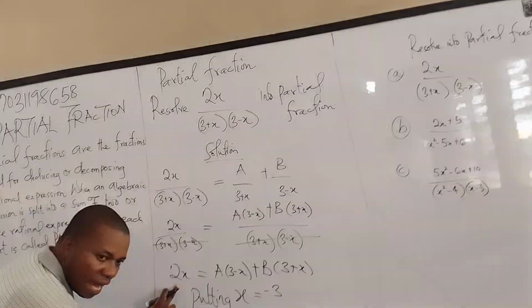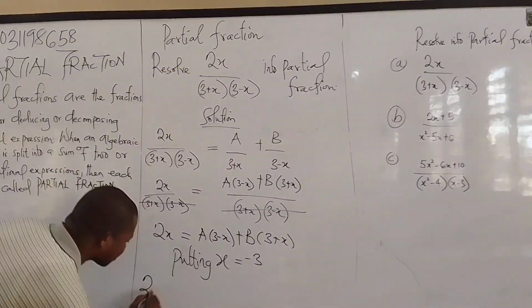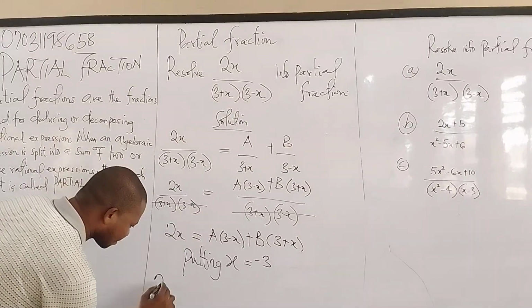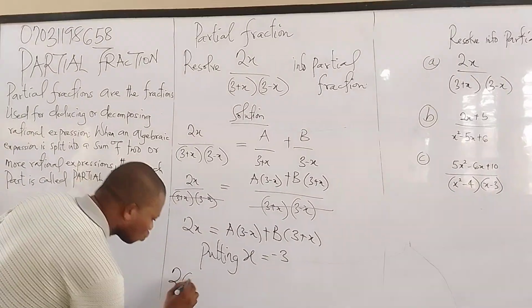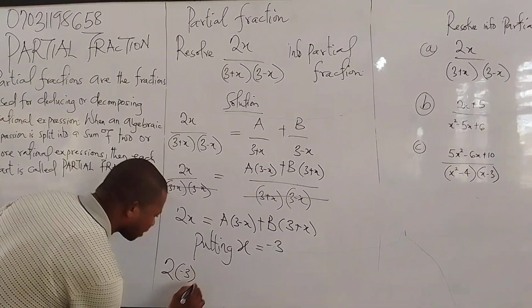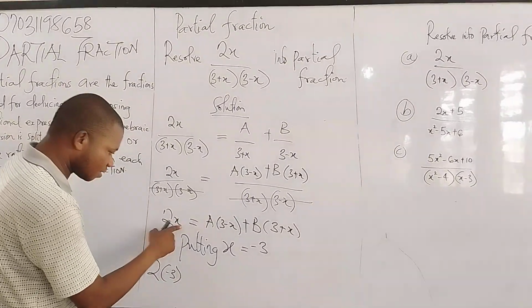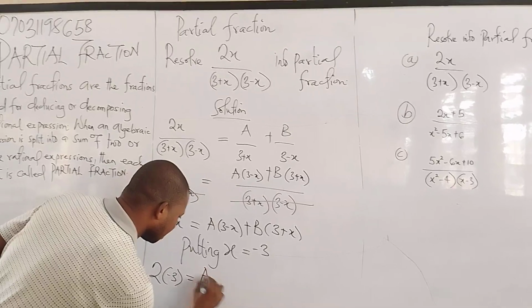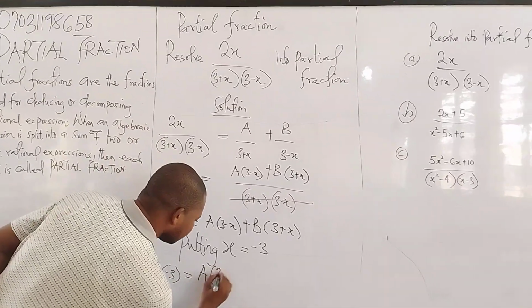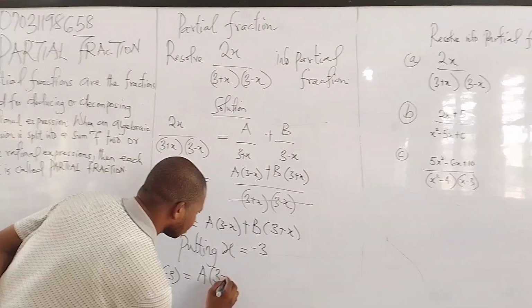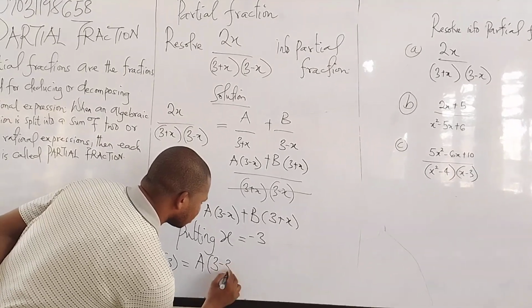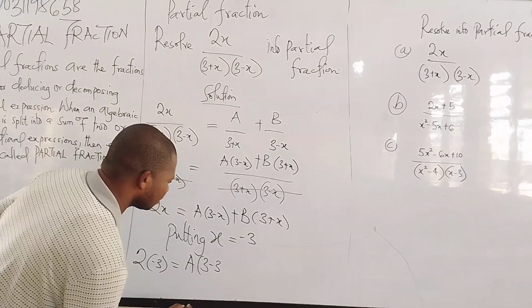Here we're having 2x. Instead of writing 2x, I will now write 2 into bracket minus 3, because I've said putting x equals to minus 3. Any place you see x, you put minus 3, is equals to a into bracket 3 minus what? Are you with me?